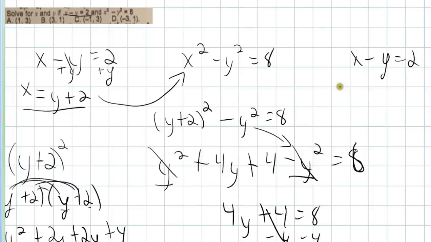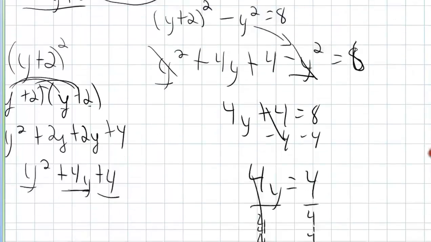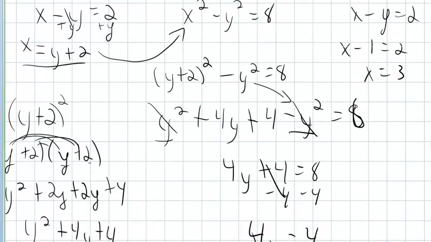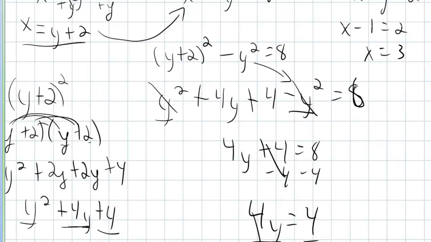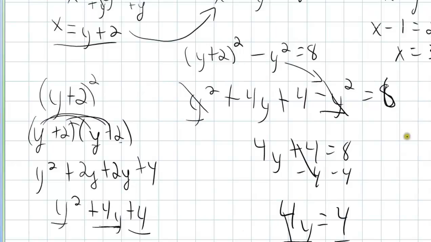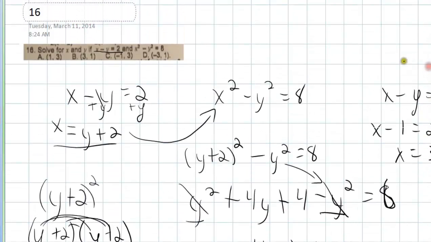So I can say x minus 1 is equal to 2, because I just solved for y down there. So x is equal to 3. And if they wanted ordered pair form, remember ordered pair is x comma y, so it's going to be 3 comma 1, which is right here.